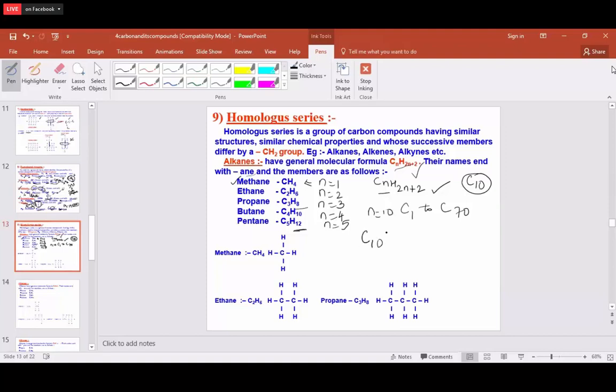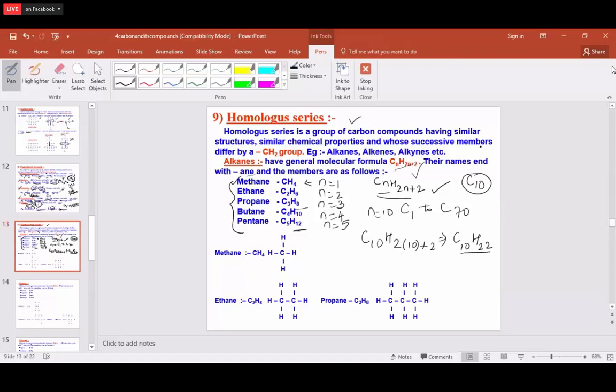So C10H, so 2 times 10 plus 2, which is nothing but C10H22. So this is the C10 formula. Okay. So all these are having the same general formula CnH2n+2. So that's why we call it a homologous series.